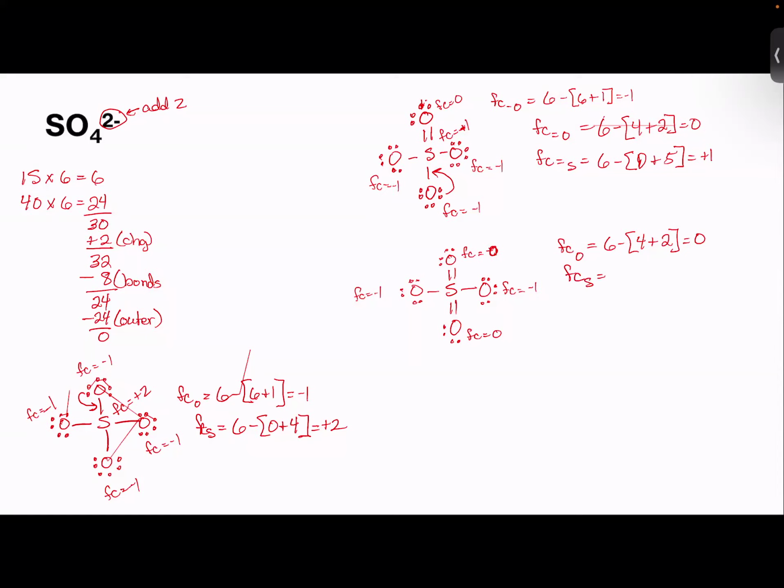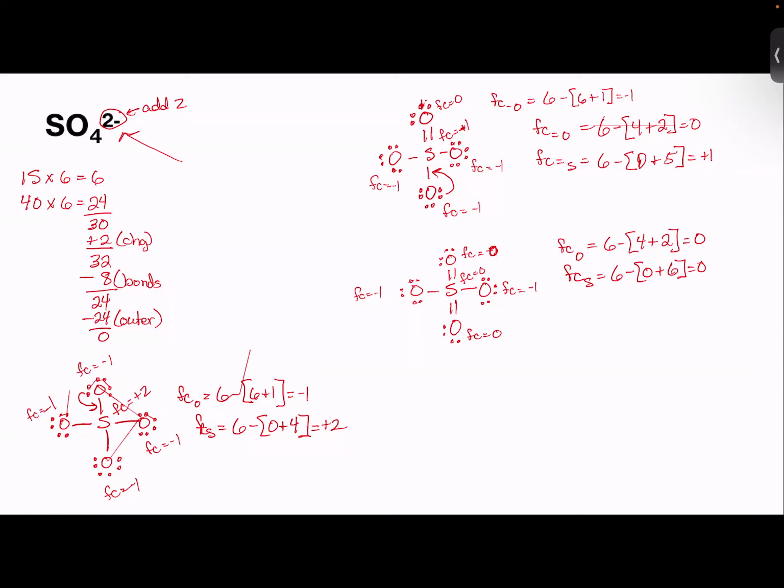So that was 6 valence electrons minus 1 for every dot. It had 0, plus 1 for every bond. It has 6 bonds, so it has a formal charge of 0 too. So we have minimized it down to 2. We're not going to get any further because you will notice that the sum of the formal charges in our molecule is equal to the charge on the ion. So you're not going to get it any further than that.